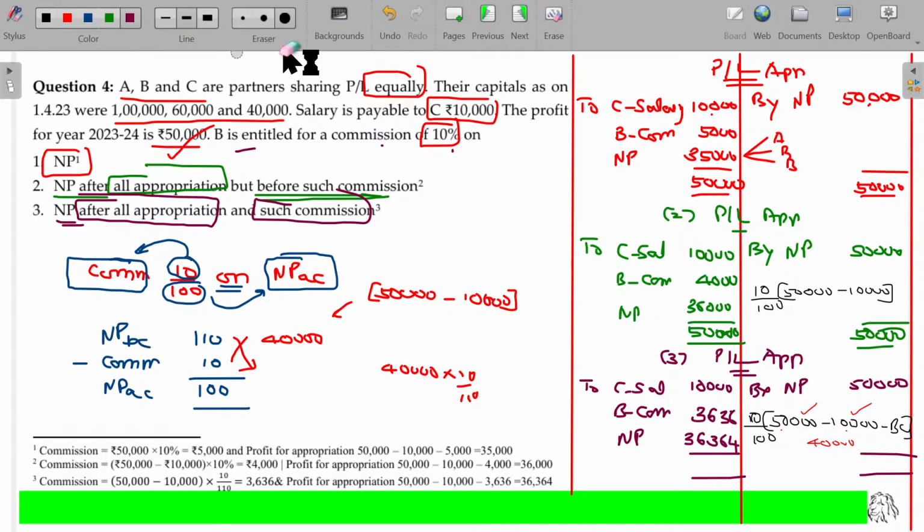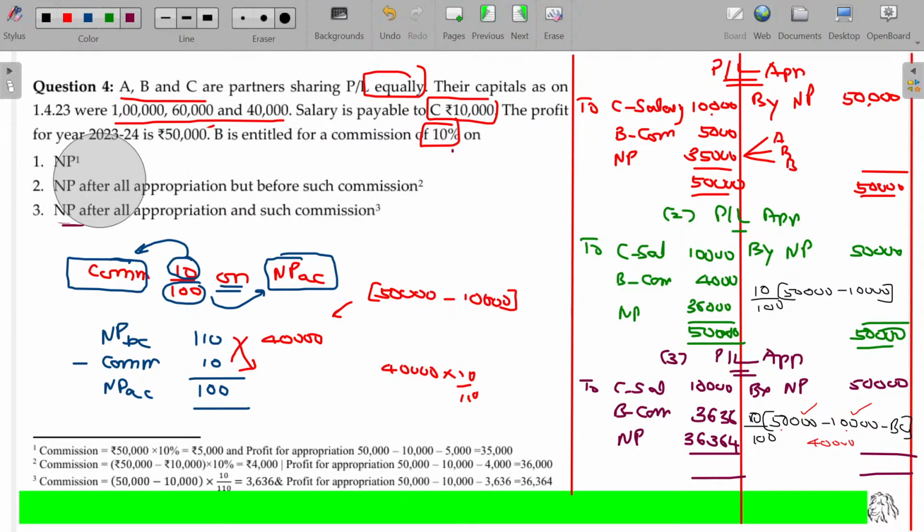If you are supposed to calculate commission only on net profit, directly you can calculate 10% on net profit. And net profit after all appropriation before such commission means 10% into net profit minus all expenses, all appropriations, except commission.